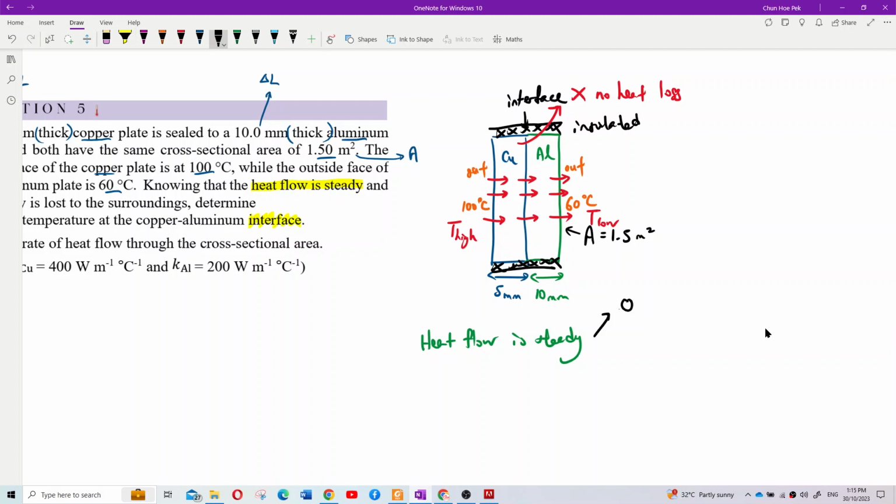The rate of heat flow is constant throughout the whole metal, and no heat loss to the surrounding. The metal is insulated. It achieves a steady state of heat flow. Sometimes we say steady state.